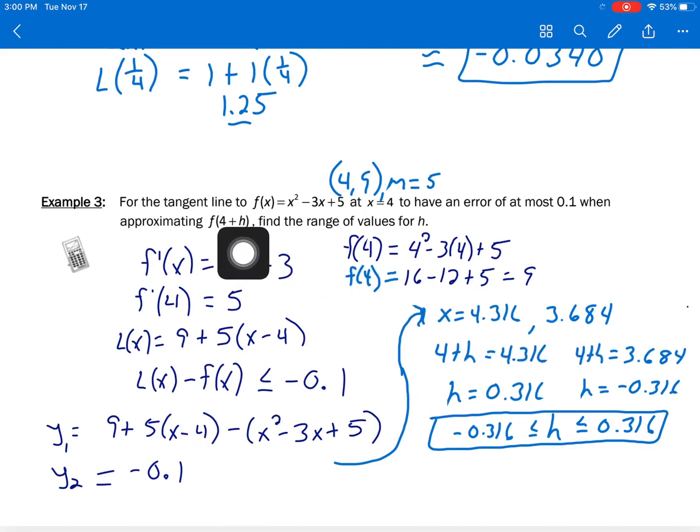This is where they intersect, but they were interested in, instead of just the whole number piece, how far to the left and to the right from 4 we can go. So 4 plus h, I'm setting that equal to each of these values, and so h would be 0.316 or negative 0.316.